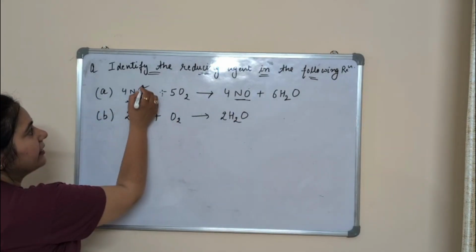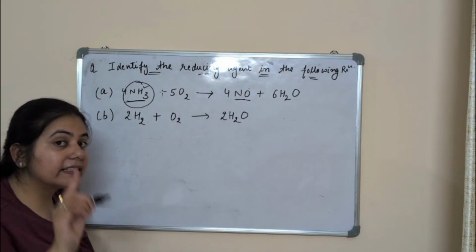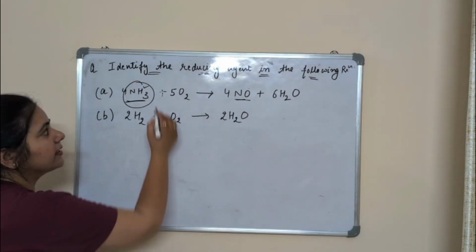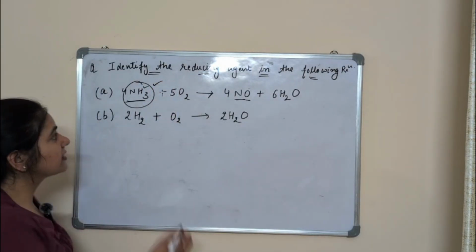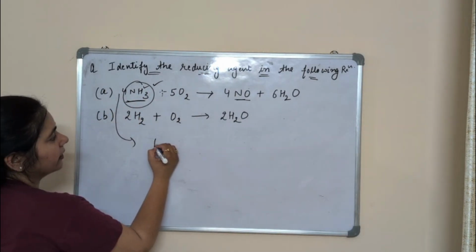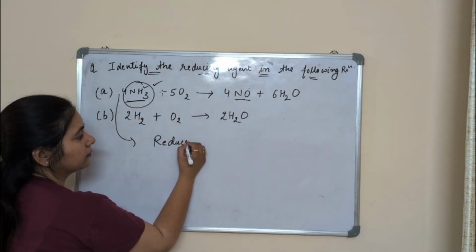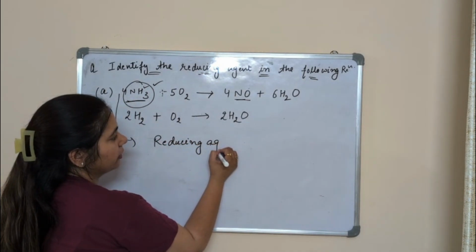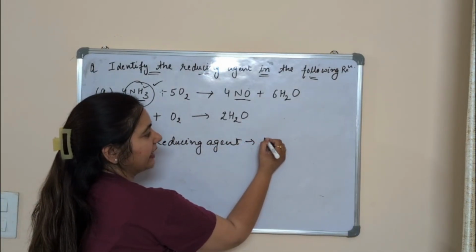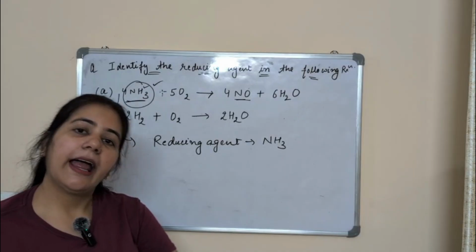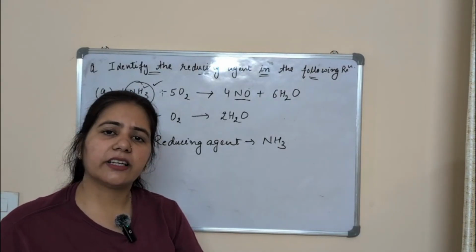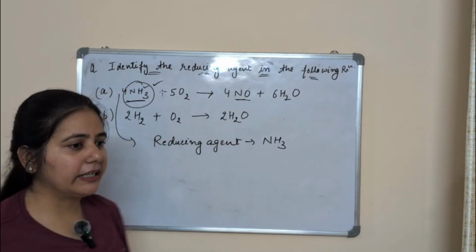It means NH3 as a whole is undergoing oxidation. Since NH3, ammonia, is undergoing oxidation, you will say that in the first part the reducing agent will be ammonia, that is NH3, because it is undergoing oxidation, and the substances which undergo oxidation are the reducing agents.